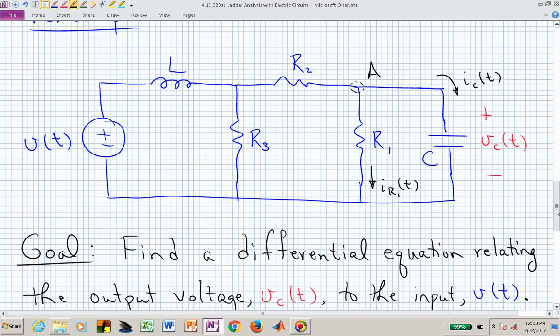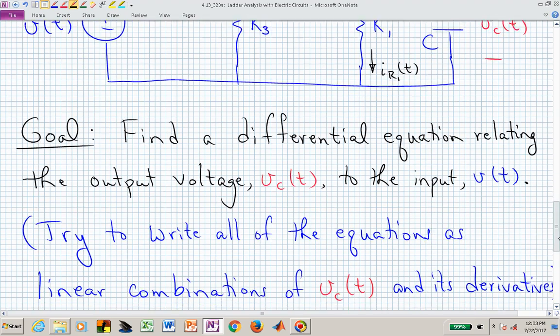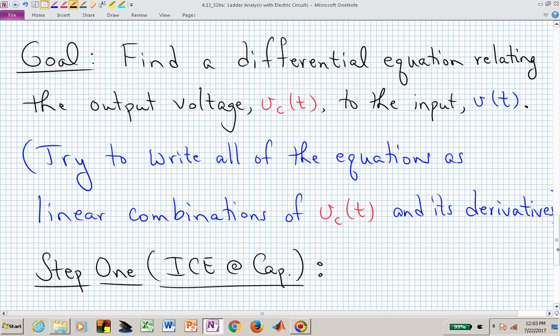As I've already hinted, the first step is to connect this output variable V sub C to the current flowing through that capacitor. And we can do that by invoking ICE. So step one is to just use our current-voltage relationship of a capacitor to derive a connection between the capacitor's current, I sub C of t, and its voltage, which is I sub C is equal to C dV sub C of t dt.